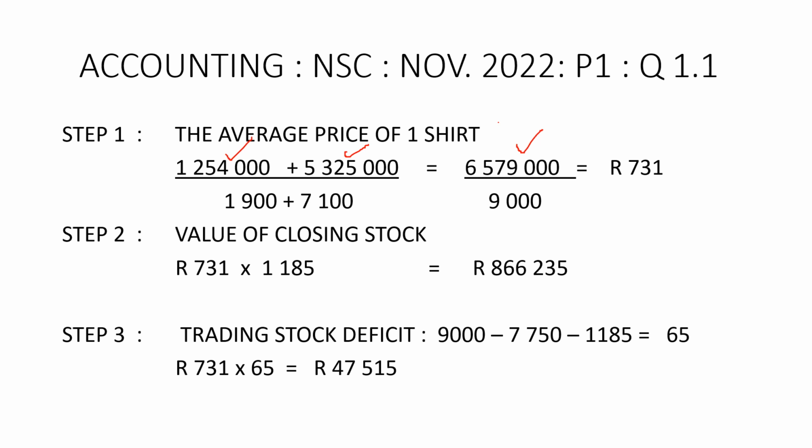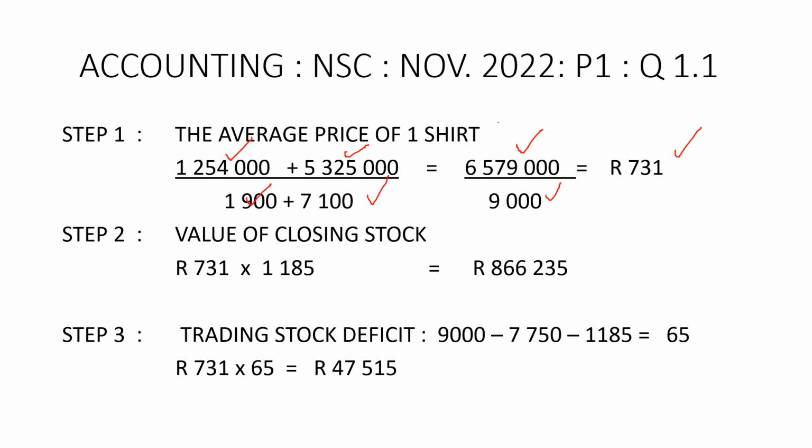Divide that by the number of units: opening stock, which is 1,900, your purchases is 7,100 units, and the number of units available for sale is 9,000 units. And if you divide the two, your average price is 731 rand.